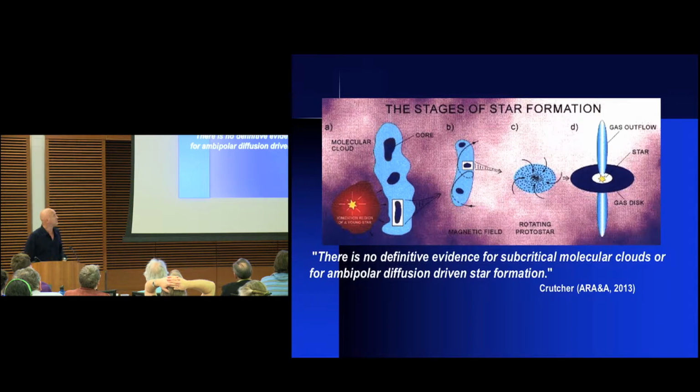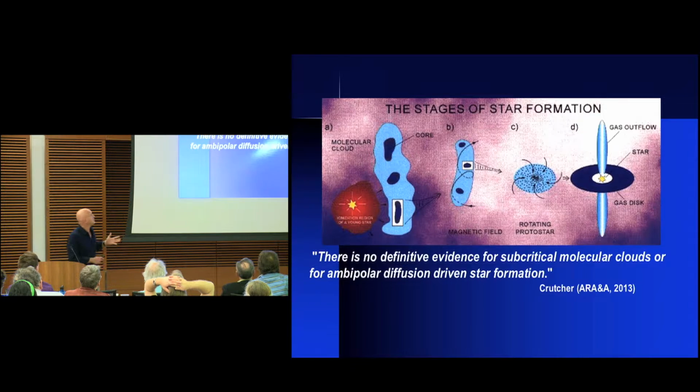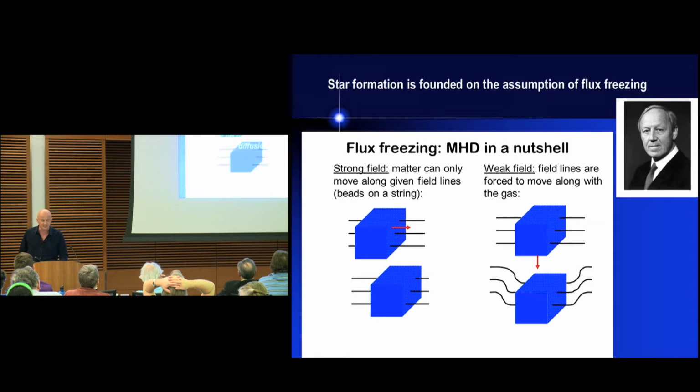So let's start with the issue of star formation. And this is the citation from Crutcher: there is no definitive evidence that we have ambipolar diffusion in molecular clouds. Well, let's consider why we need ambipolar diffusion to start with.